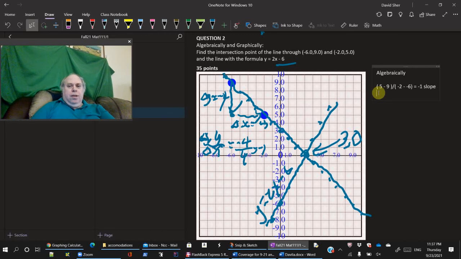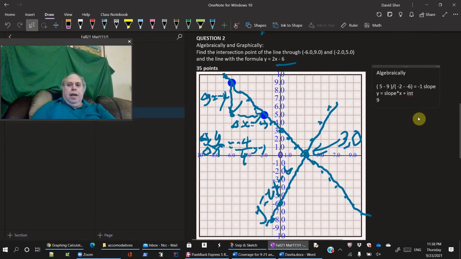The next thing I'm going to do is figure out the y-intercept. I'm going to take the first point again, where 9 is the y value. I'll plug that into y equals slope times x plus intercept.